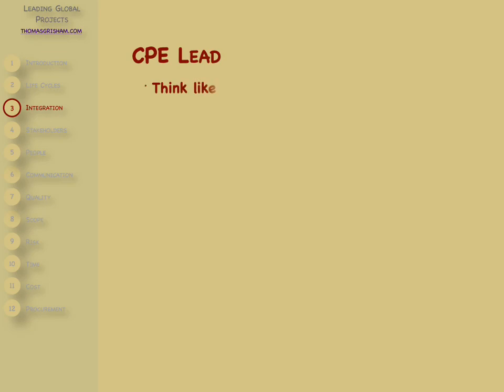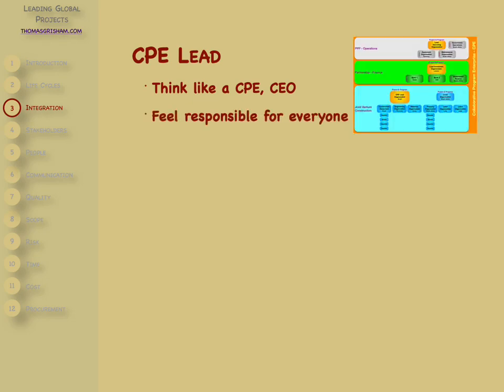So the CPE lead, think like a CPE CEO. Feel responsible for everyone. So everyone means all of the organizations and all of the people in all of the organizations in the CPE.